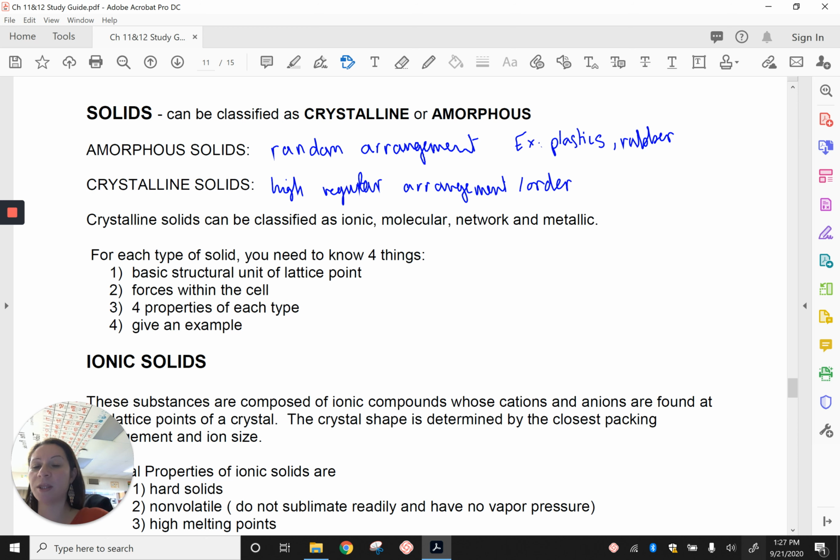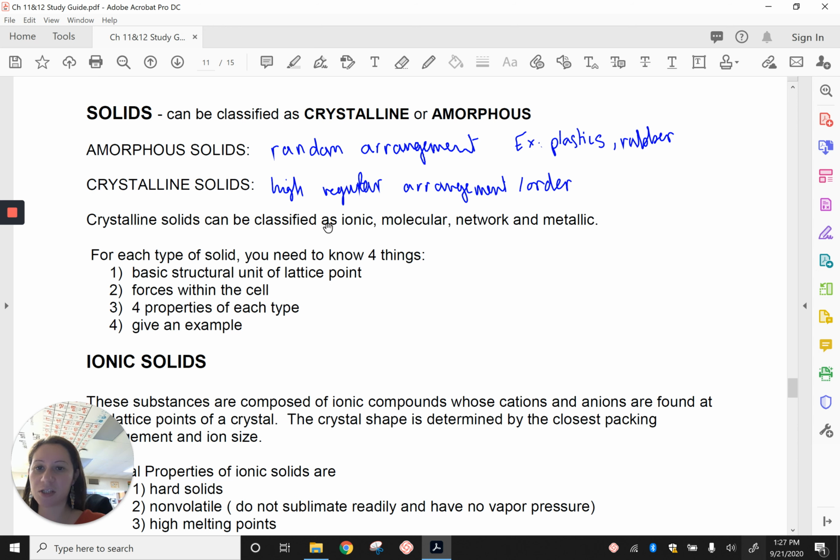So within crystalline solids, the solids that form crystals, there are four different types. There are crystalline ionic, crystalline molecular, crystalline network, sometimes we call those network covalent, and then crystalline metallic.